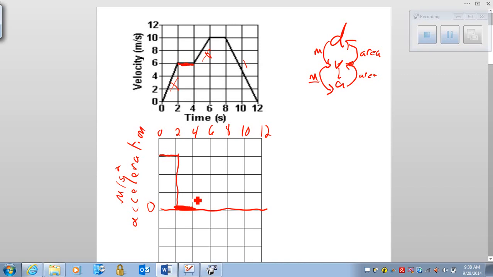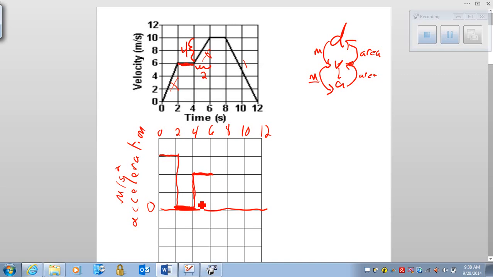Then we have another positive acceleration. The rise over run here, rise here, run here. The rise goes from 6 to 10, which is 4, and the run goes from 4 to 6, which is 2. So that's 4 divided by 2 is 2. So that means for the next 2 seconds, I go up here to 2 and draw a line.